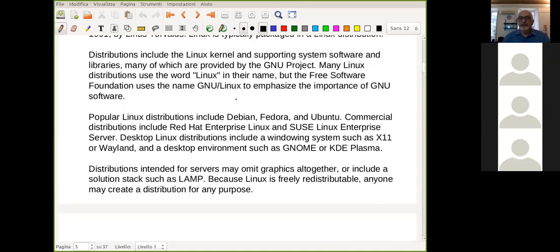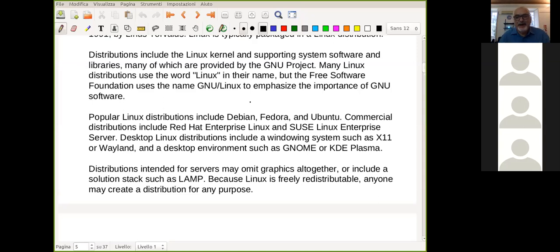Normally, we are talking about the Linux kernel. The Linux kernel is distributed freely because you can also sell it if you want, it's not forbidden. If you do some modification on the open source code, you can sell your modification at any price, but giving to anyone the possibility of reading the code and selling it himself or herself.